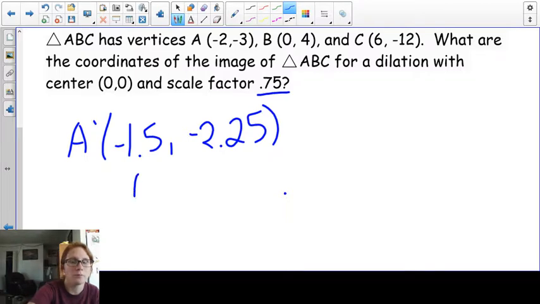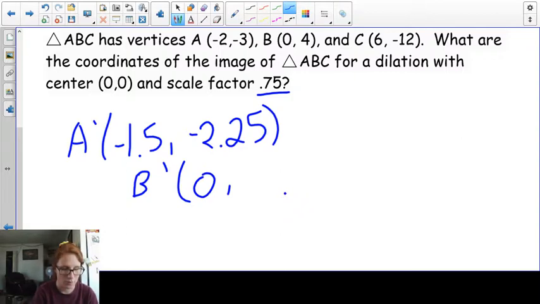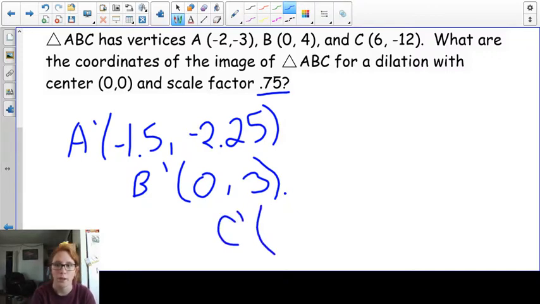B prime will be at 0.3. And C prime will be at 4.5, comma, -9.